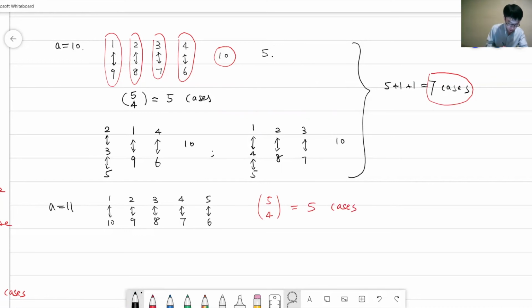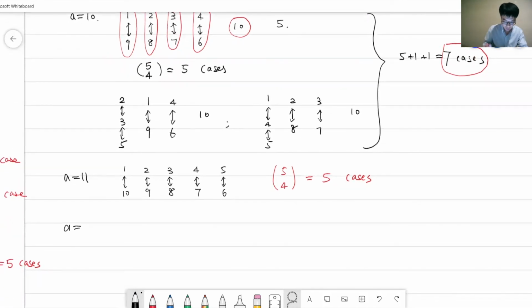Next, let's do A equals 12. If A equals 12, that means the perimeter is 12 times 4, which is 48. Now the total sum of these 10 sticks is 55.